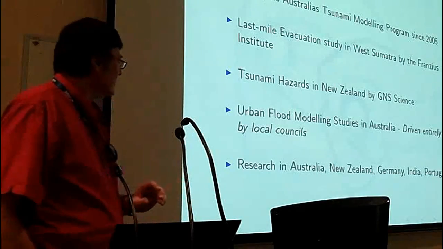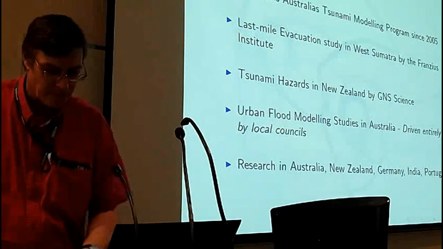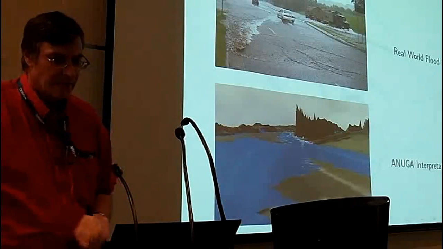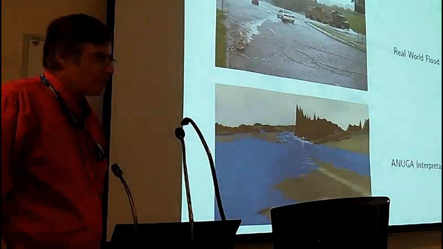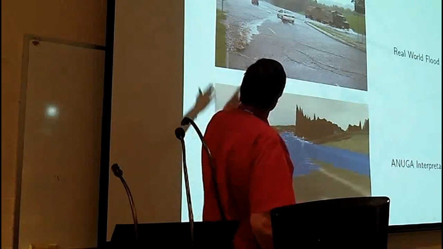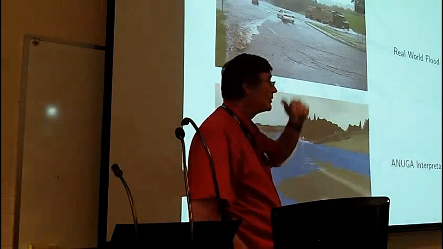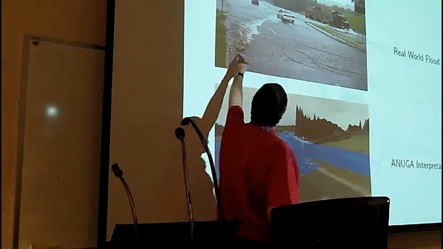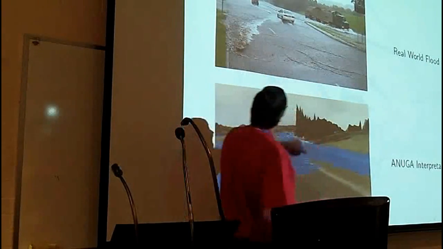So these are just different places we've worked with where it might be being used. You can do quite reasonable things here. It's not too obvious, this picture, unfortunately, but there's a picture of a flood in Wollongong again, and you can see this little hydraulic jump that's been formed there.